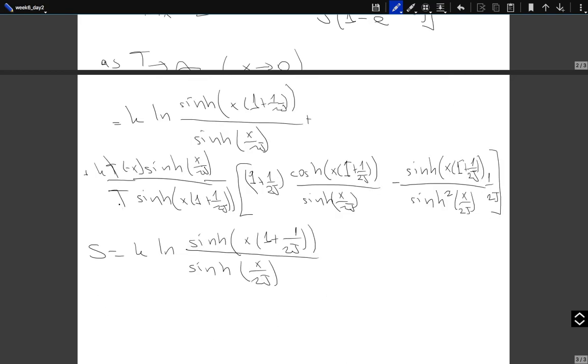So here the T's will cancel, so we have minus x k sine hyperbolic x over 2j divided by sine hyperbolic x times (1 plus 1 over 2j). Okay, hold on, let me just make a cancellation. This sine hyperbolic will cancel this one and one of this one.